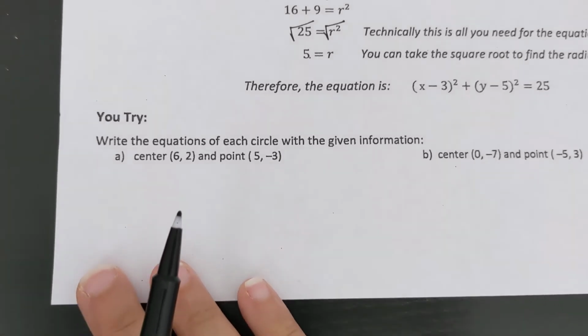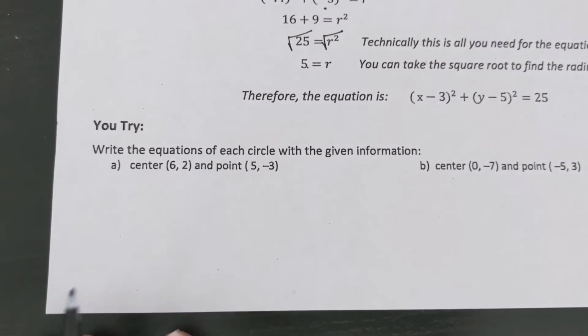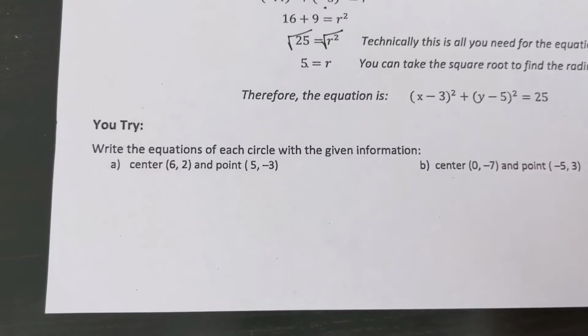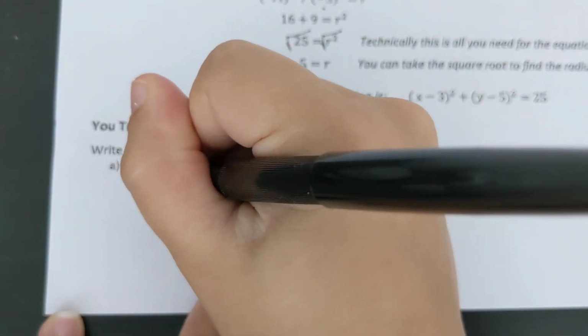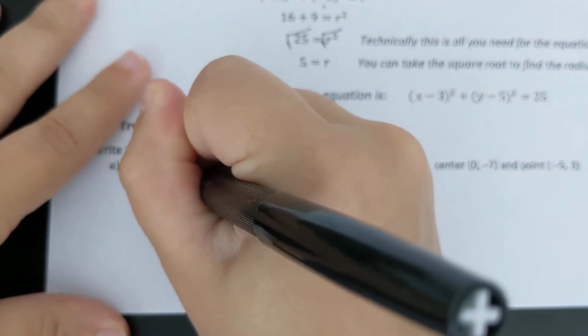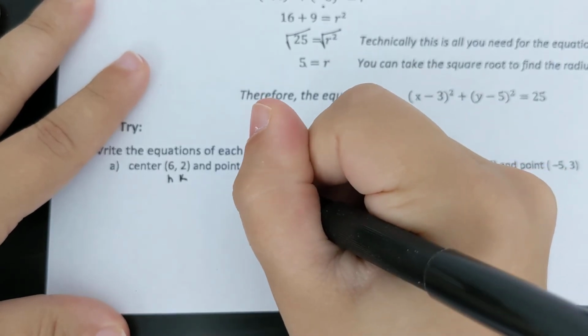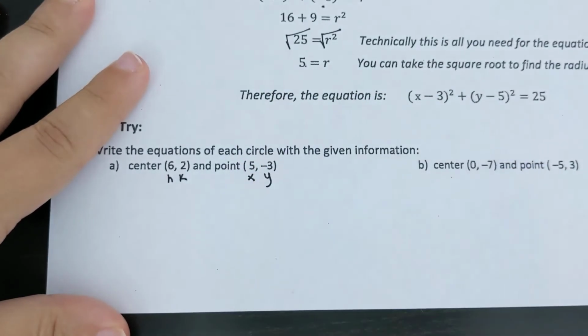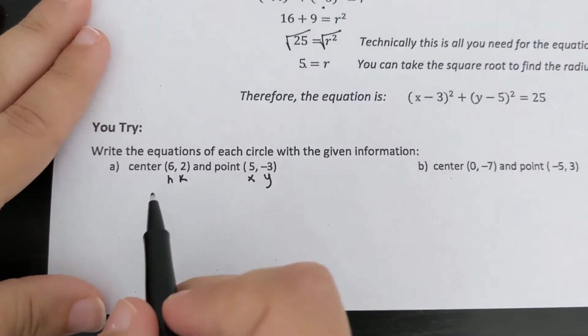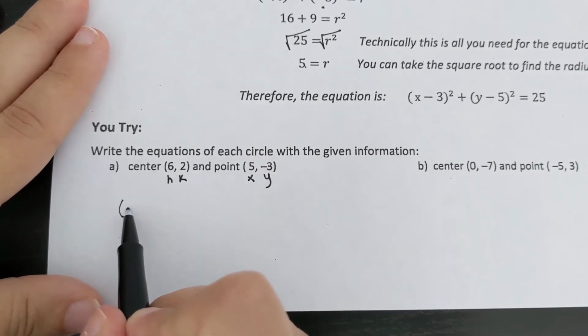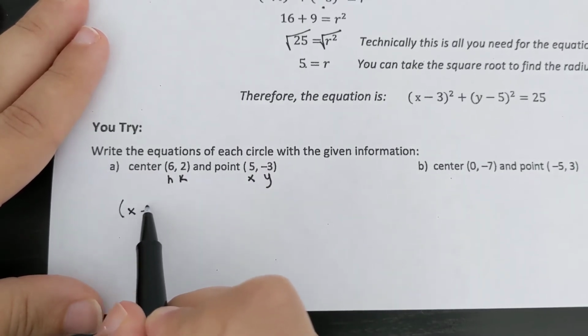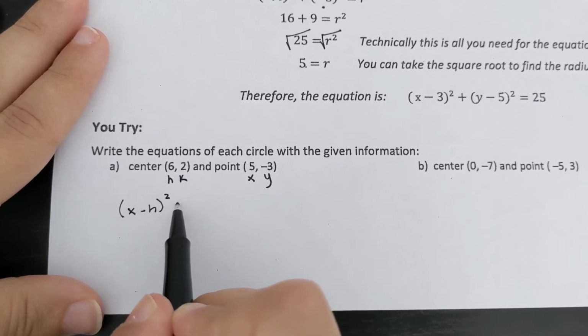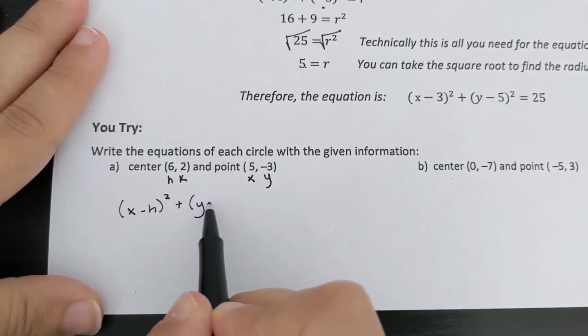All right, so now let's try some on our own. They give us this one, the center is 6, 2, so that's h and k. And the point, 5, negative 3, is x and y. So we're going to plug those in. Let me write the standard form so you can watch everything that I plug in.